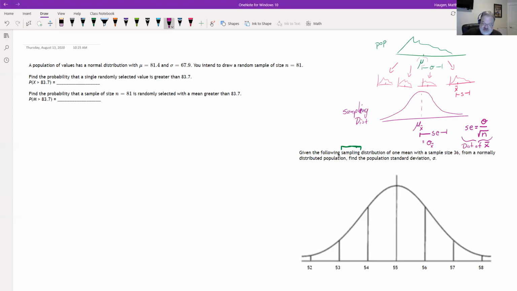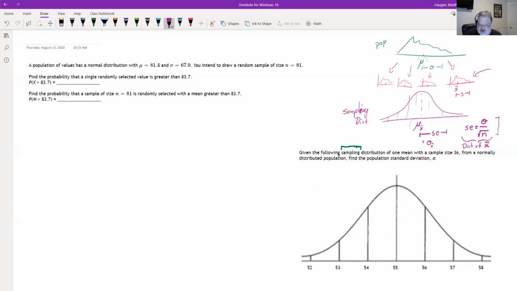This sampling distribution is specifically a distribution of averages, a distribution of means. We're taking the average of each of these little samples and looking at the population of those little averages. The average of those averages should be our population average. And the standard error for that distribution of means is found by taking the standard deviation of our original population and dividing by the square root of our sample size.